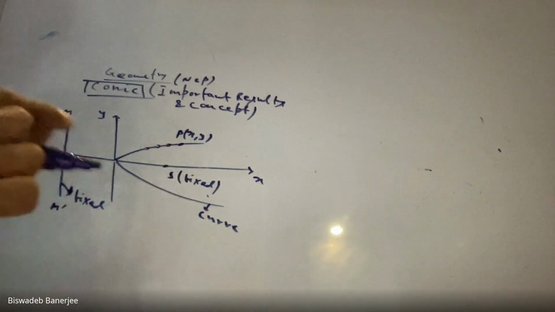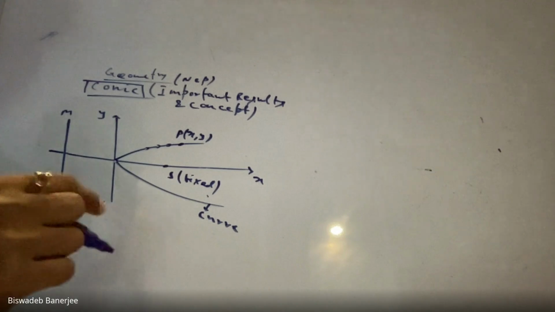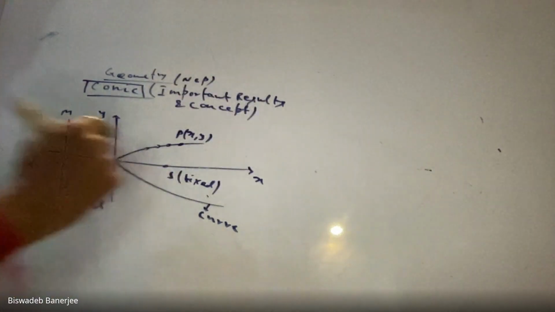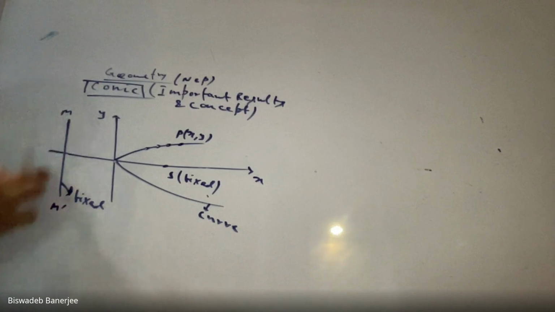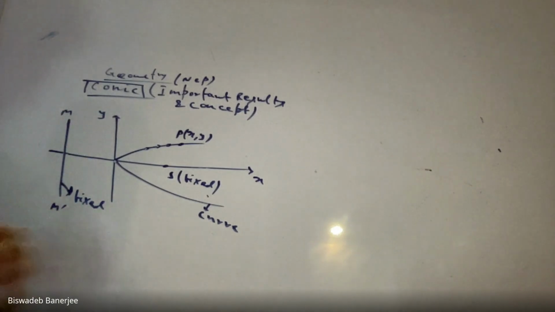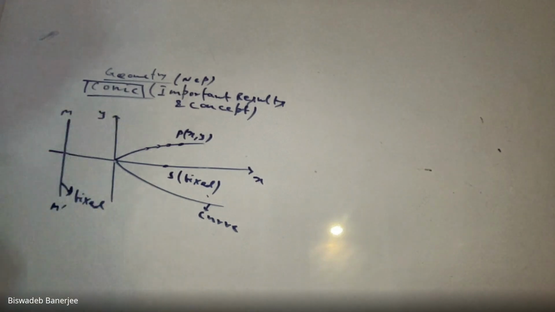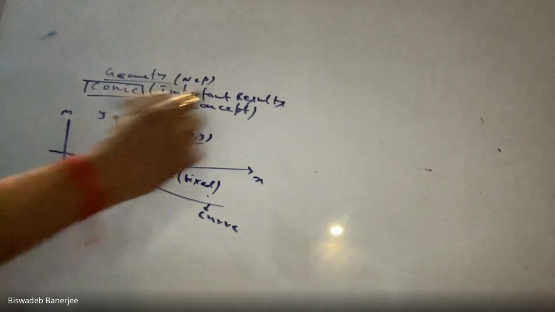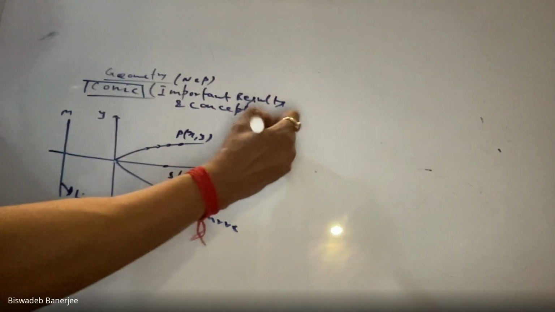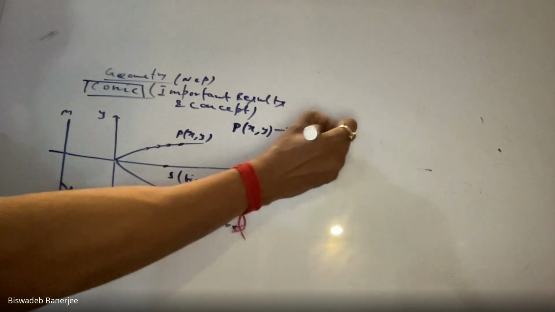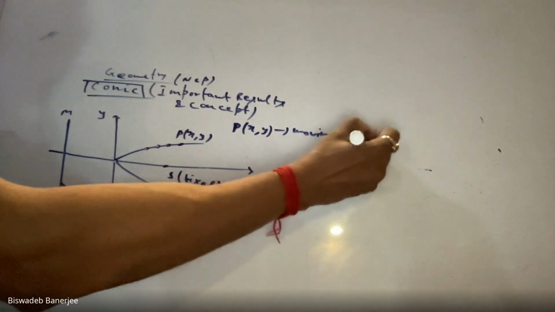But S is always a fixed point. S cannot move. So my point S is fixed and the straight line is also fixed. That means you can't shift the line from here to here. So only this point P (x, y) is my moving point.